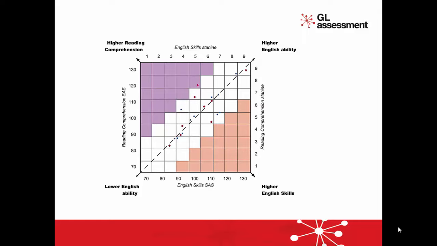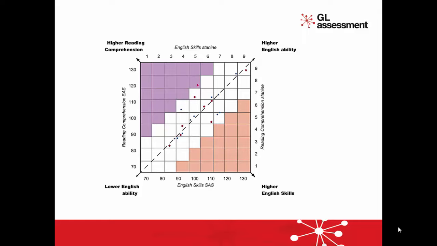English skills is made up of the spelling, punctuation and grammar aspects of the assessment, and reading comprehension is looking at the 2 forms of reading and comprehension for narrative and non-narrative. We've split them apart to report on so that we can get a greater insight as to what kind of problem areas there might be or strengths of individual students.